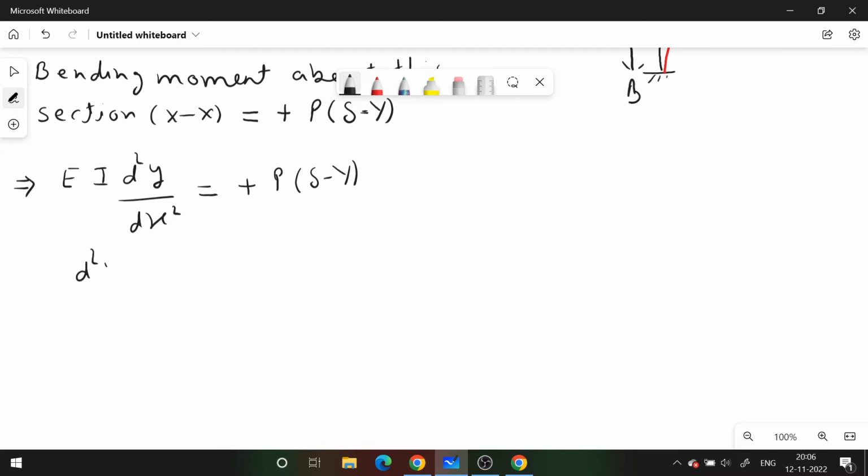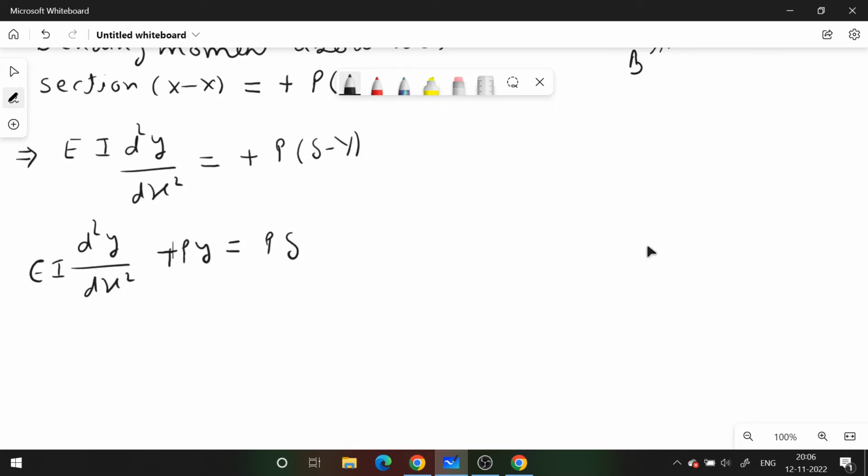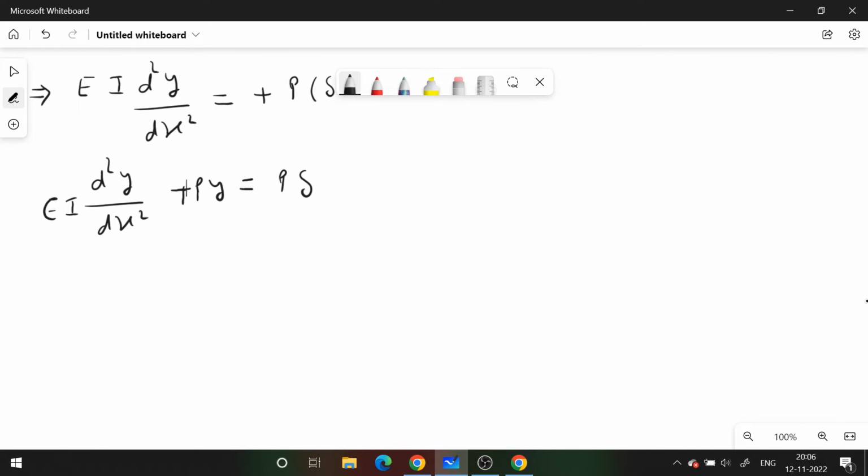Now solve this equation. EI d2y over dx square is equal to P delta minus P y, so d2y over dx square plus P y is equal to P delta. Now divide the whole equation by EI: d2y over dx square plus P upon EI into y is equal to P upon EI into delta.